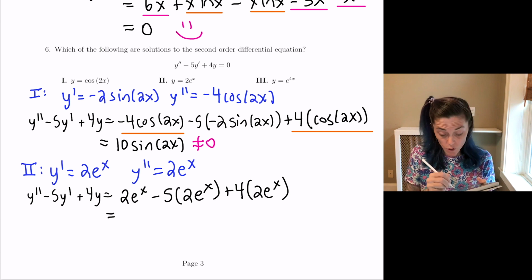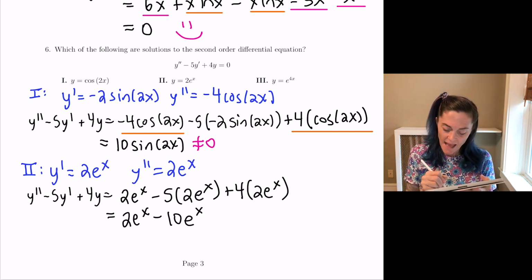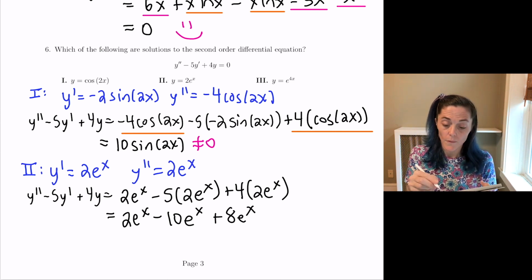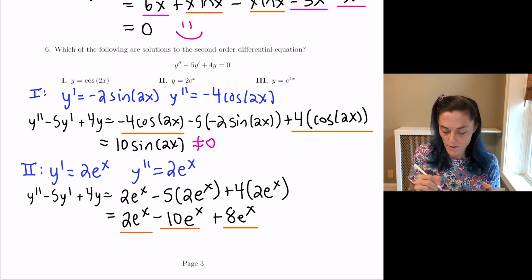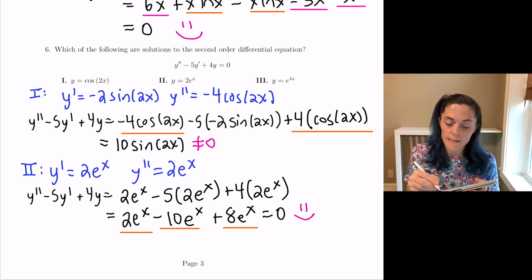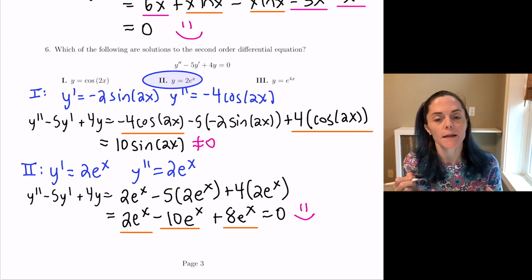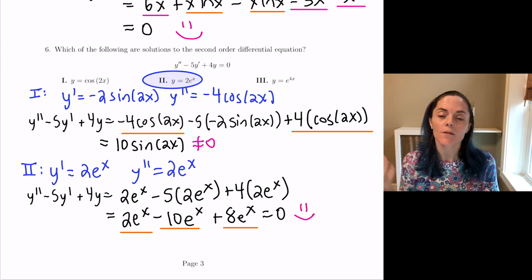Well, you notice I have 2e to the x minus 10e to the x, and then plus 8e to the x. Well, we have minus 10, we have plus 10, so we get 0. Wonderful. It says that 2 is a solution. Okay, we need to check 3.